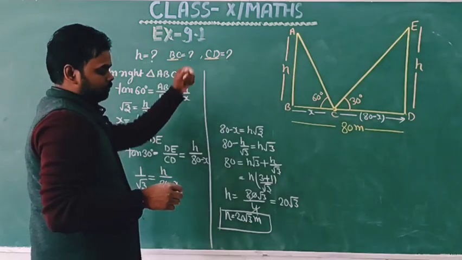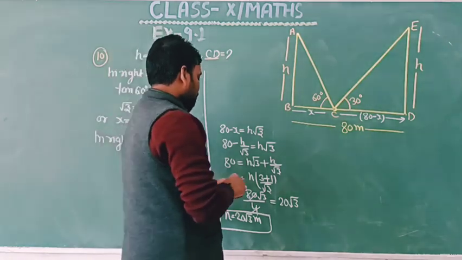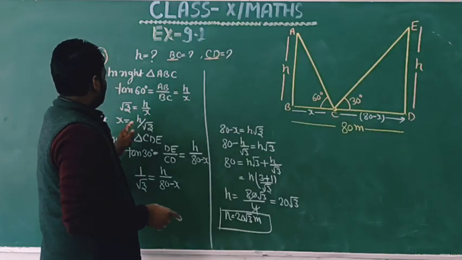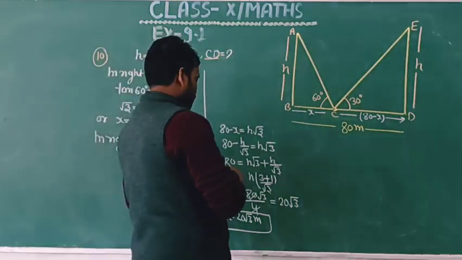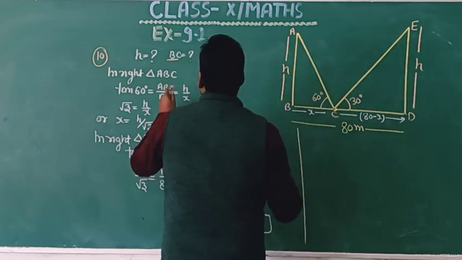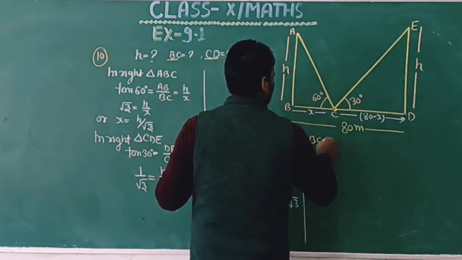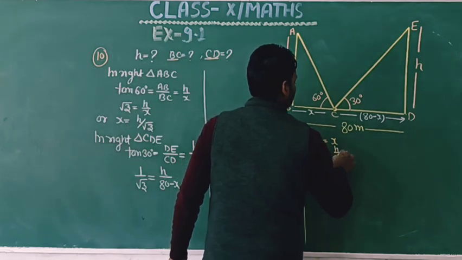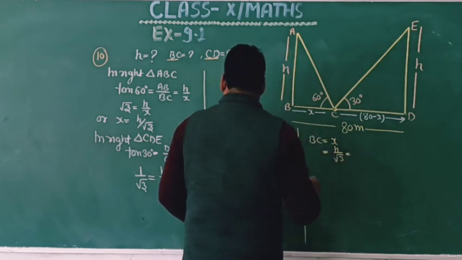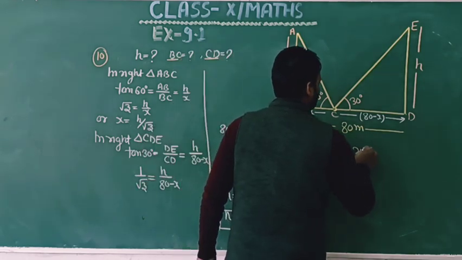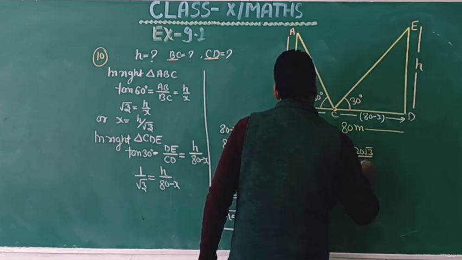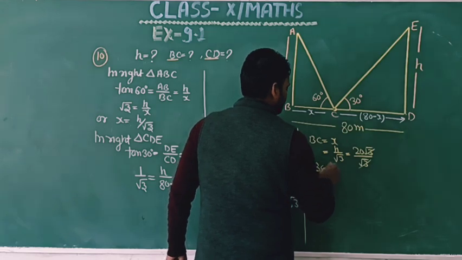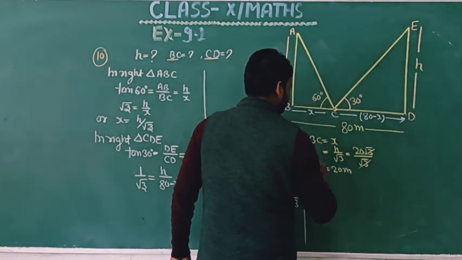Now substituting the value of H, the distance BC, which is X, is equal to H by root 3. The value of H is 20 root 3, so 20 root 3 divided by root 3. Root 3 cancels out. So BC equal to 20 meter.